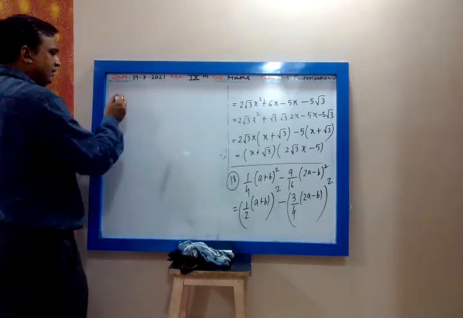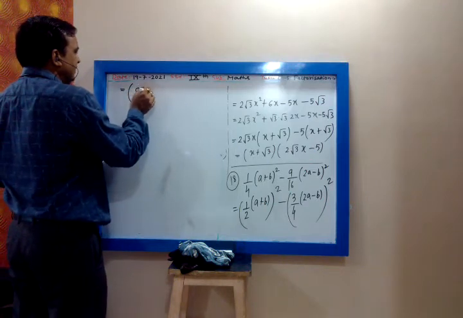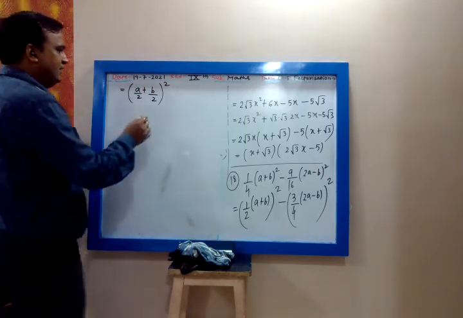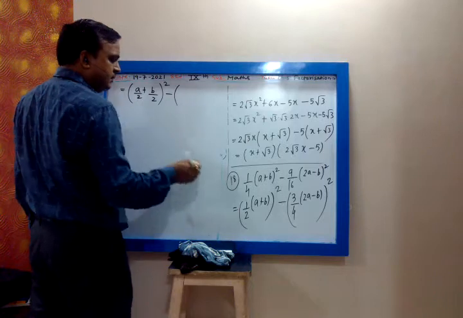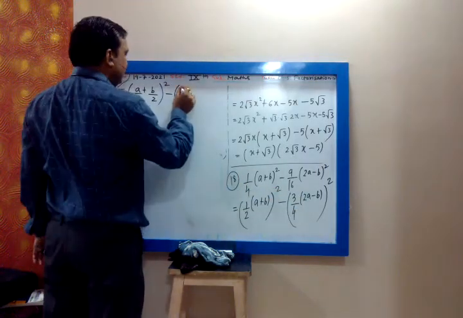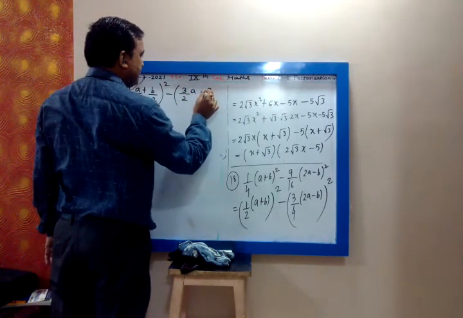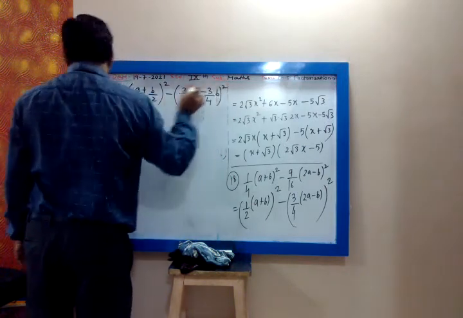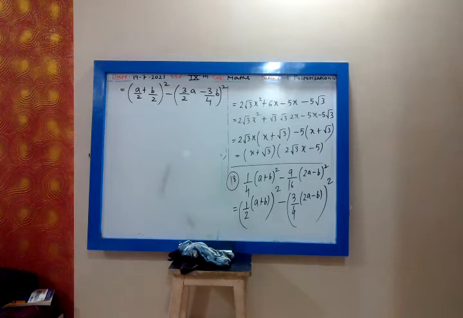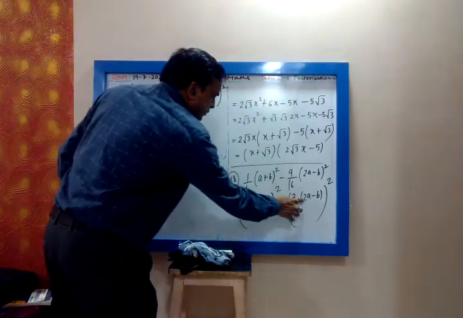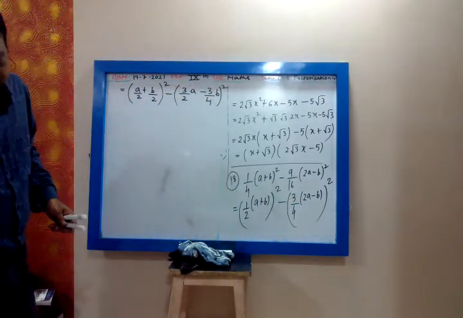So that will be a by 2 plus b by 2 whole square minus, open the bracket, 3 into 2, you can cancel, 2 2s are 4, 3 by 2a minus 3 by 4b whole square. See, 3 by 4 into 2, 2 2s are 4, no?